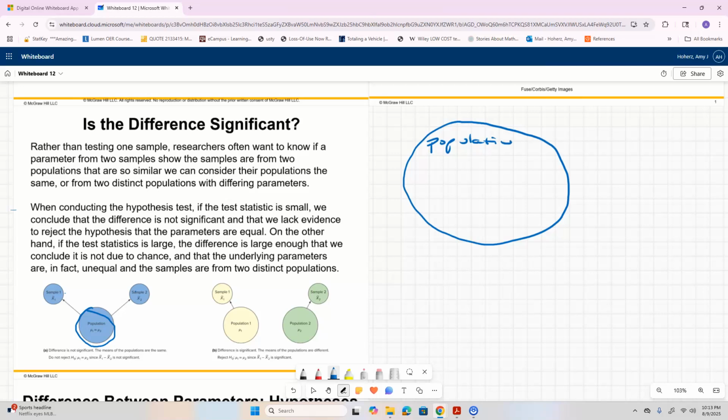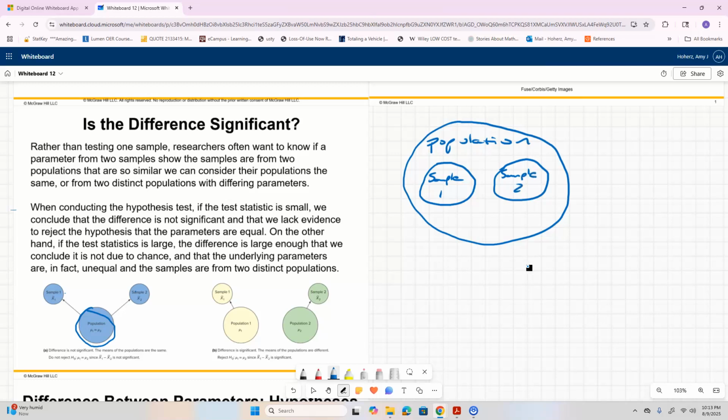And if we find at the end of our hypothesis test that the two samples are very similar, which means we would not reject the claim, then we're saying sample 1 and sample 2 are actually just samples out of the same population.